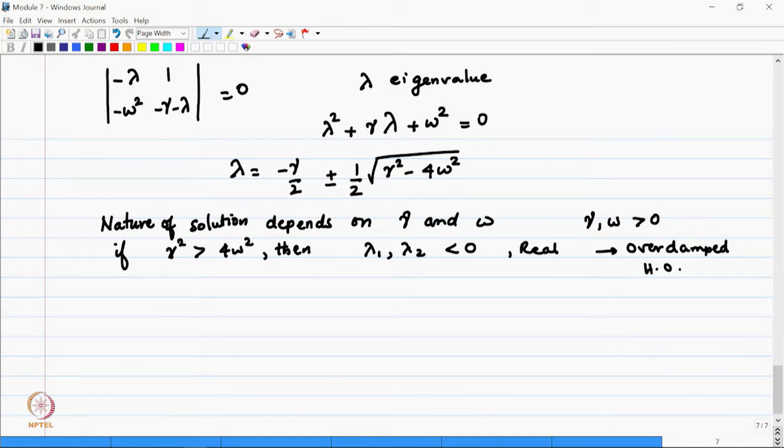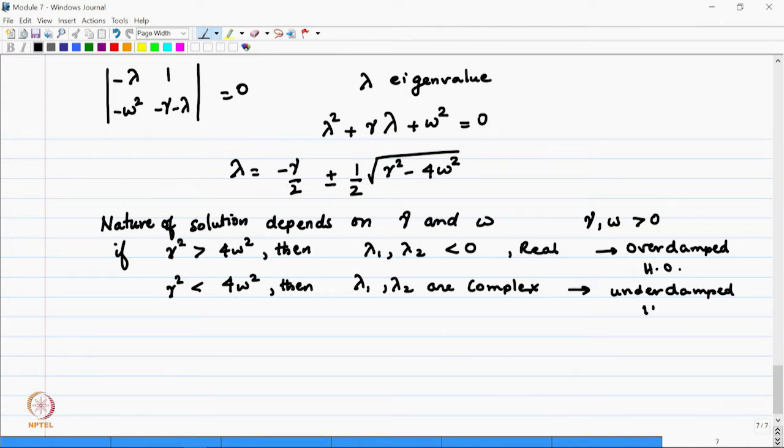This is the over damped oscillator. If gamma square is less than 4 omega square, then lambda 1 and lambda 2 are complex, and this is the under damped harmonic oscillator. And finally, if gamma square equals 4 omega square, then lambda 1 equals lambda 2, and this is critically damped.